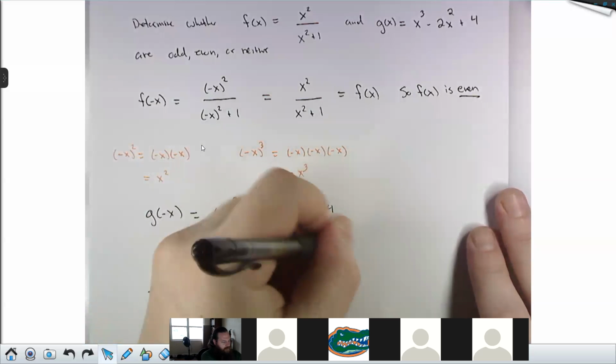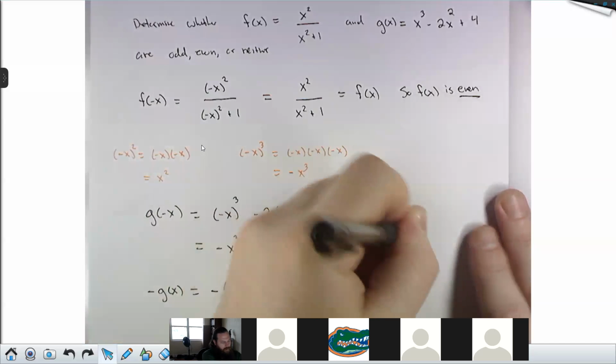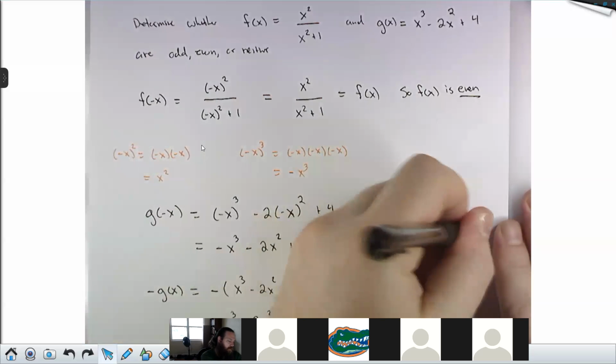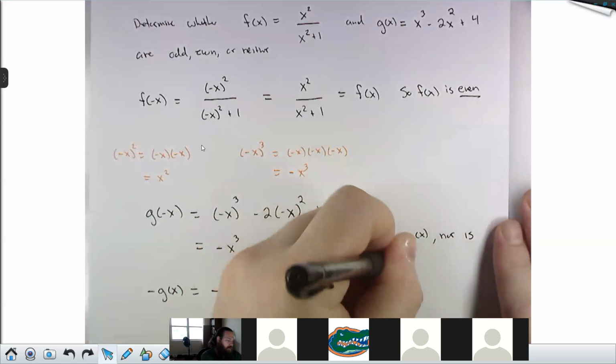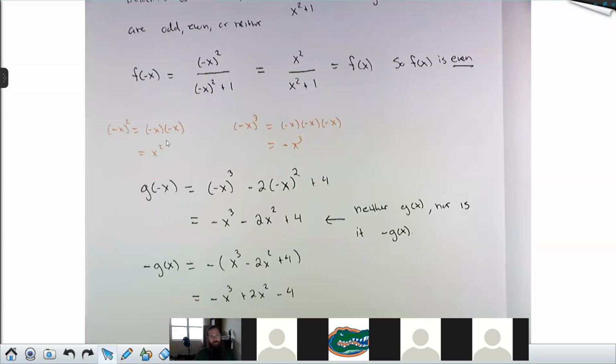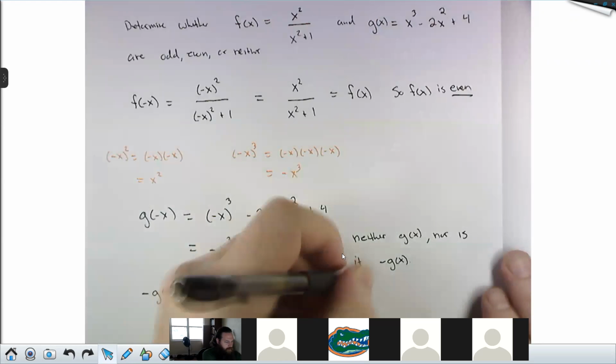So this is not g of x. So it's neither g of x nor is it negative g of x. So g of negative x doesn't simplify to the original or to the negative of the original. This is what the negative of the original would look like. And the original itself is up here. So this guy is neither even nor odd.